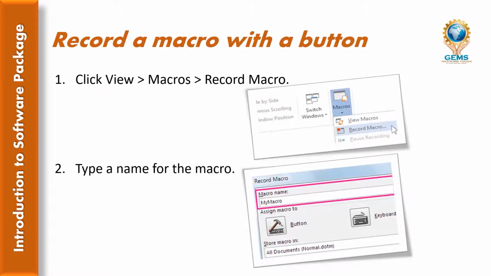So how to record a macro with a button? First of all, you click view, macros and click record macro. Give a name for the macro.